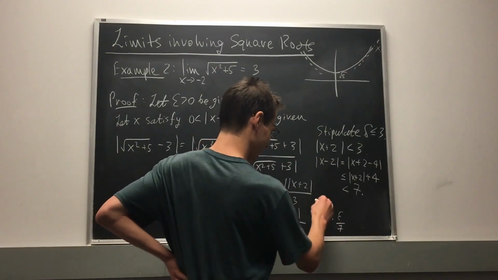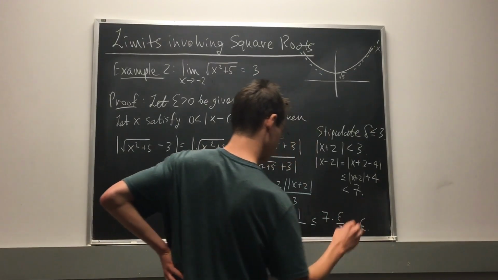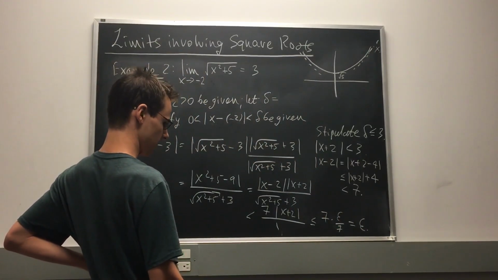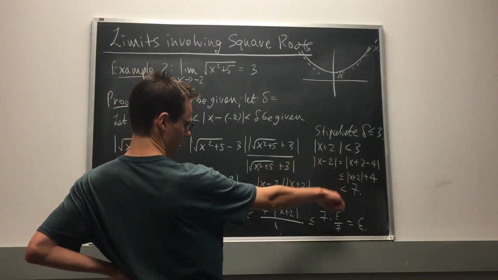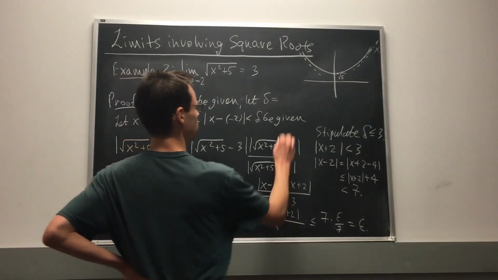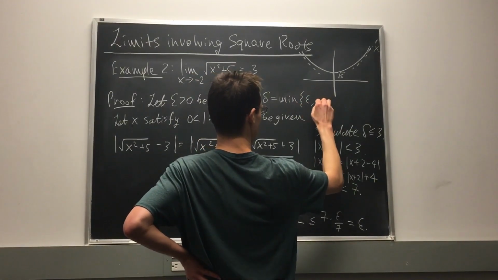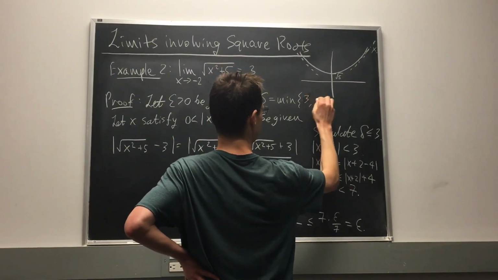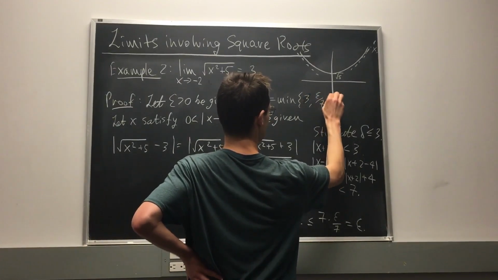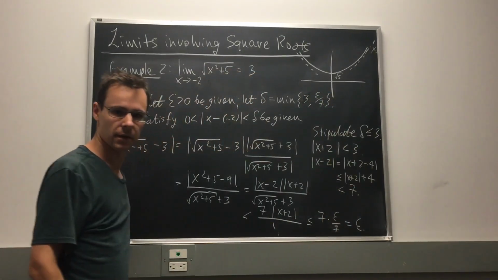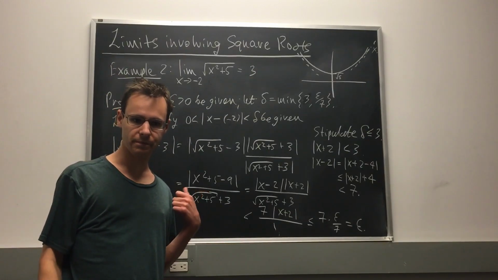Now the 7's cancel out and we get epsilon. So the delta is going to be the minimum of 3 and epsilon over 7. There we go. And that's the end of the proof.